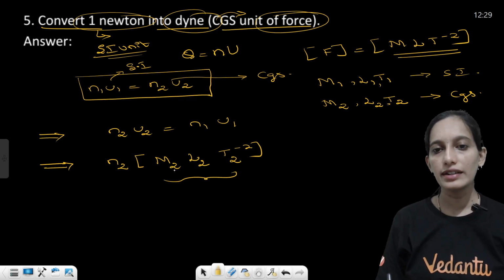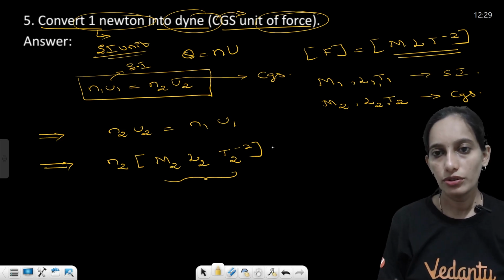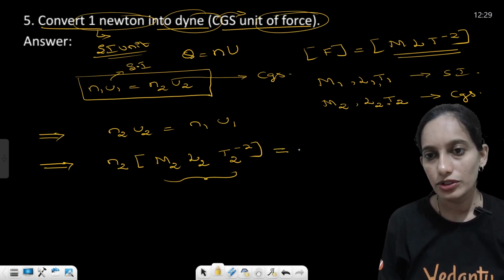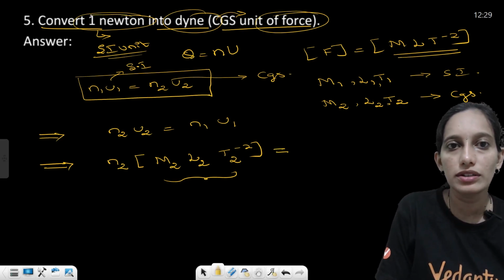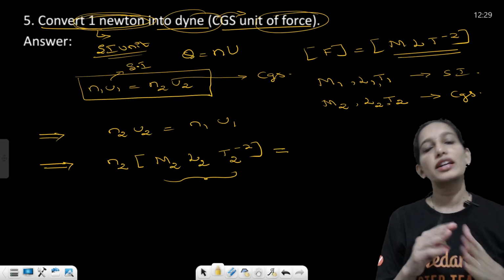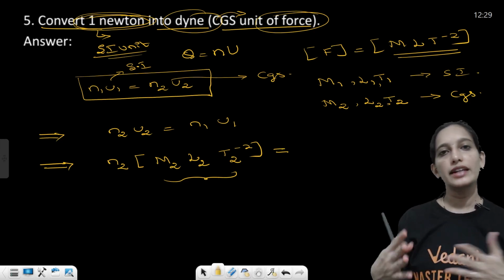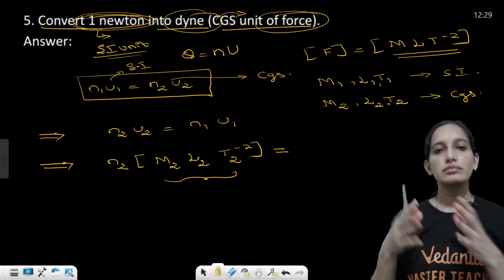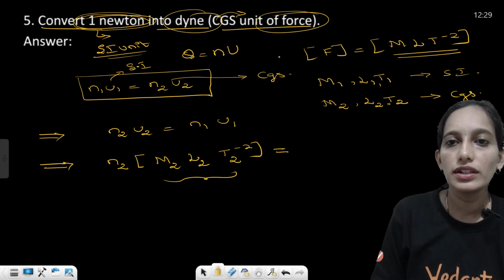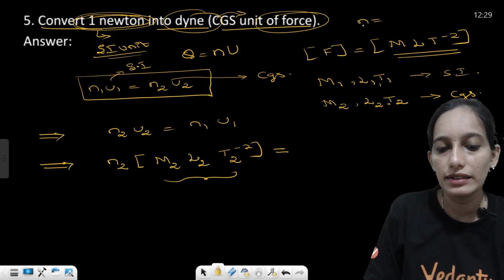So we can write like M2 L2 T2 raised to minus 2, is equals to n1, that is whatever value is given, we have to convert that. So here 1 Newton is there, sometimes they may ask you like 10 Newton, 50 Newtons or some random number they will give you. So here it is simple, n1 must be taken as 1.